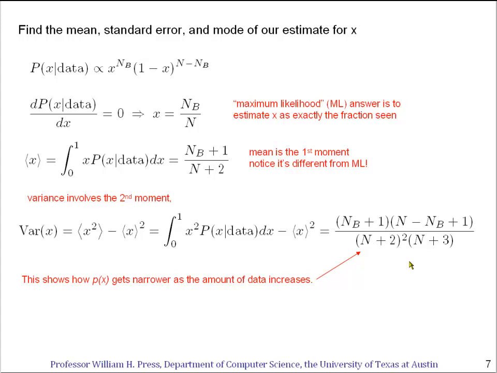Our distribution of our knowledge of the parameter x gets narrower and narrower, focusing in on whatever the true value is. This should remind you a little bit of our discussion of the minnows at the end of a previous segment when I asked you how many trials would you have to do to be able to estimate the probability to within some narrow range. And you see here that this kind of a formula would give you a way of doing that.